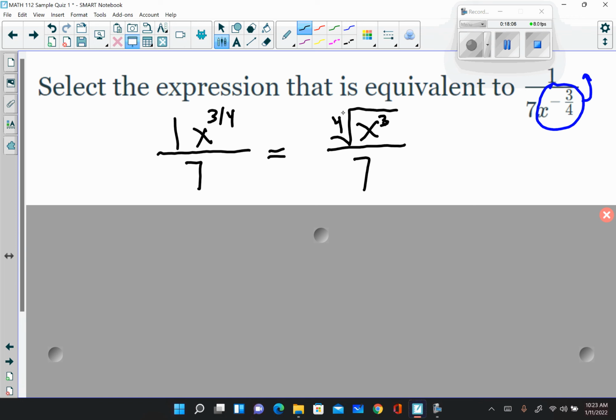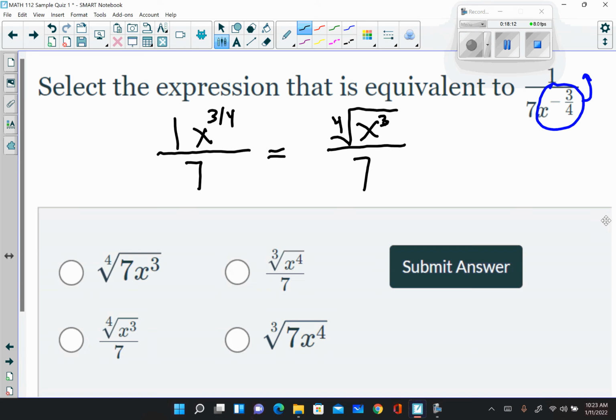So this was read the 4th root of x to the 3rd over 7. It's easy to accidentally pick this choice up here, but power over root. So the 4 is the root. 3 is the power.